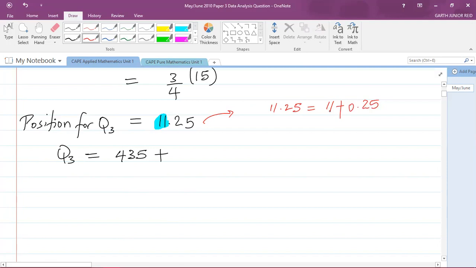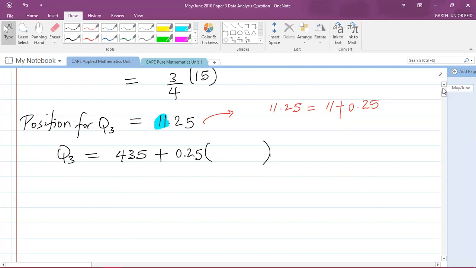So I have already found the 11th position, that's 435. But this 0.25 remaining, I'm going to multiply by the number that comes after 435.